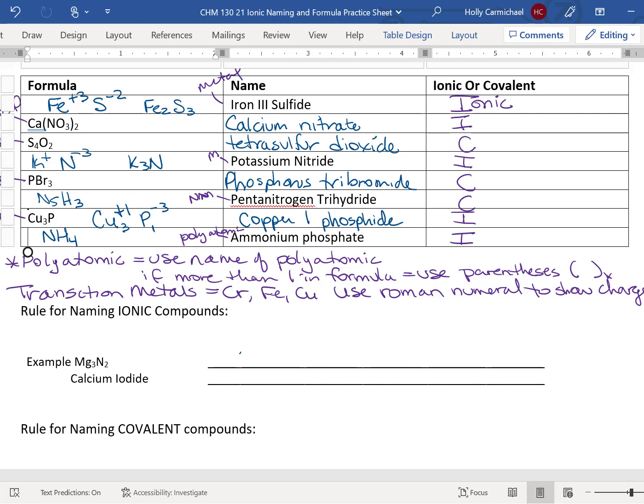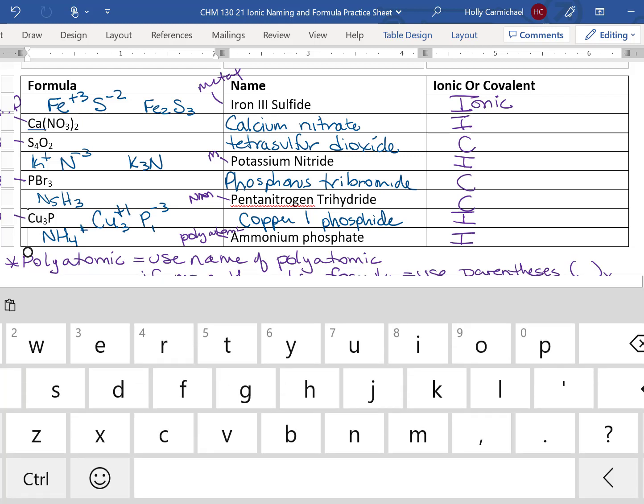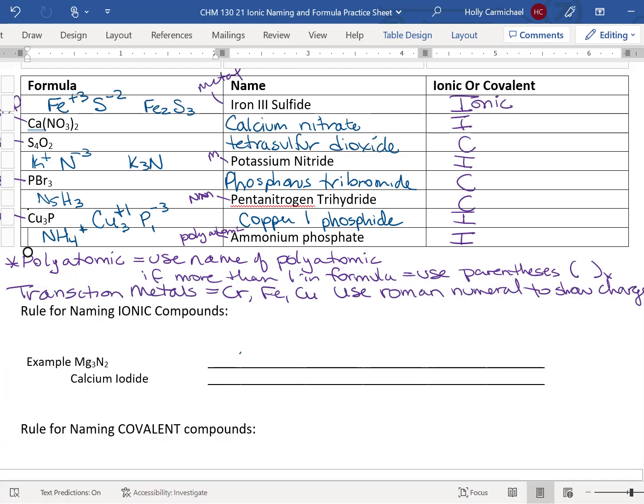It's the only positively charged polyatomic, right? So it's NH4 plus. And then phosphate. What's the phosphate? Phosphate is PO4 with the -3.